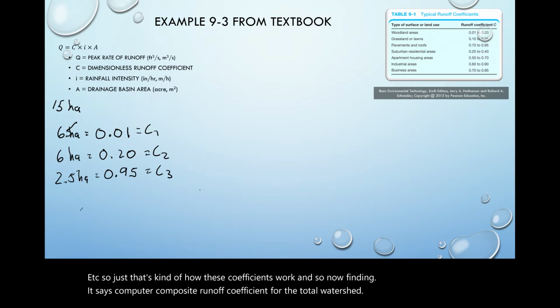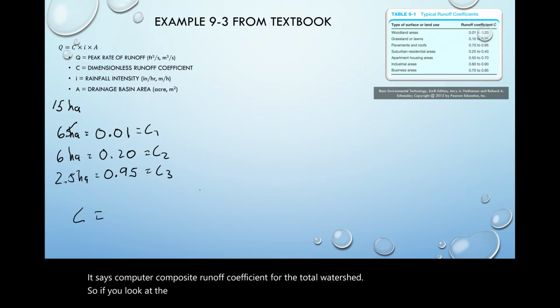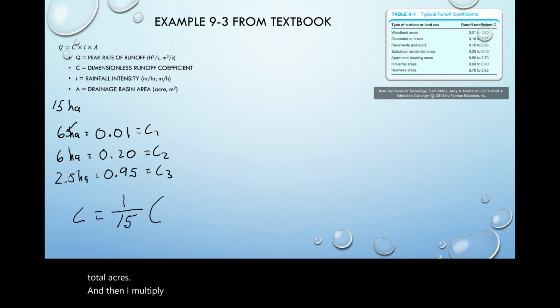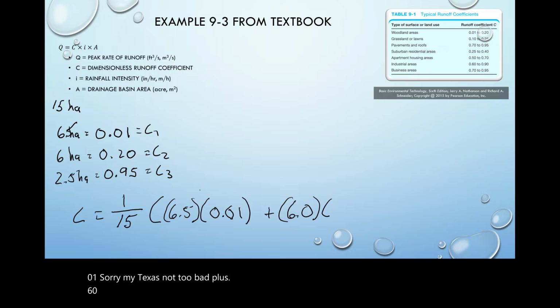So if you look at equation 9.2 on page 219 of your textbook, C equals 1 divided by your total area, and then I multiply it by the individual areas: 6.5 times 0.01, plus 6.0 multiplied by the 0.20, that's my C2, that is my lawn area, and add my 2.5 for the pavement, and I multiply that times 0.95.